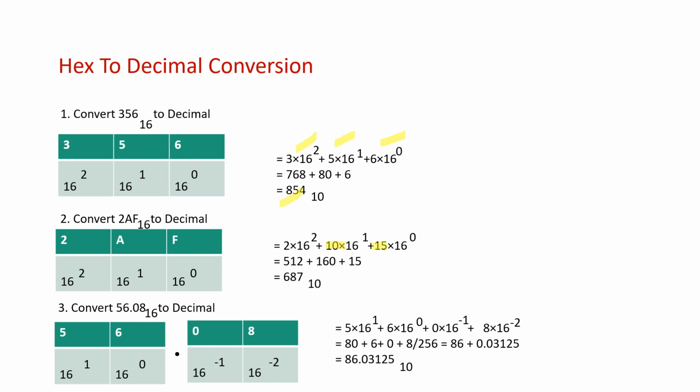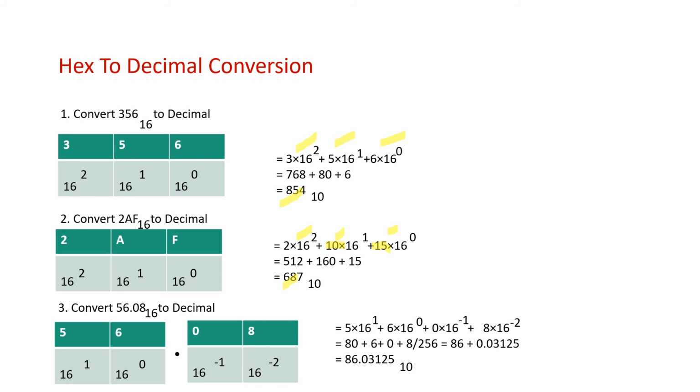So the computation is 2 into 16 power 2 plus 10 into 16 power 1 plus 15 into 16 power 0. We get 512 plus 160 plus 15, and the result is 687 base 10, which is the decimal equivalent of 2AF.